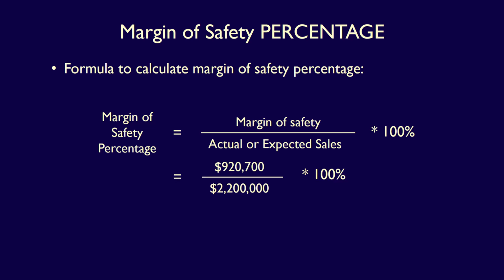Using the information we have, the margin of safety percentage is equal to $920,700 divided by $2,200,000, all multiplied by 100%, which is again 41.85%. Notice that the margin of safety percentage is identical, regardless of whether you use units or sales revenue.